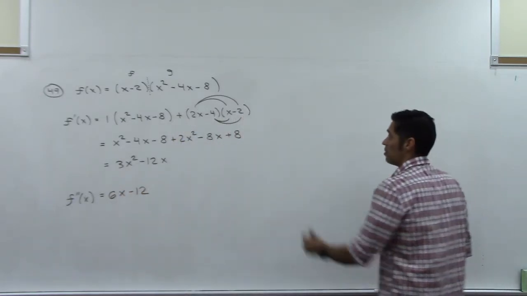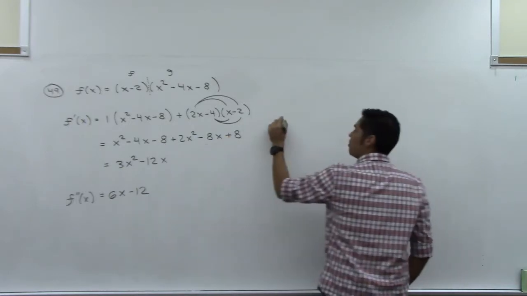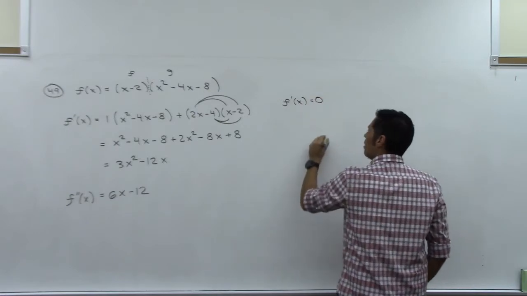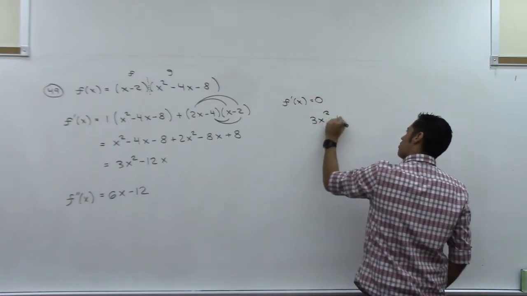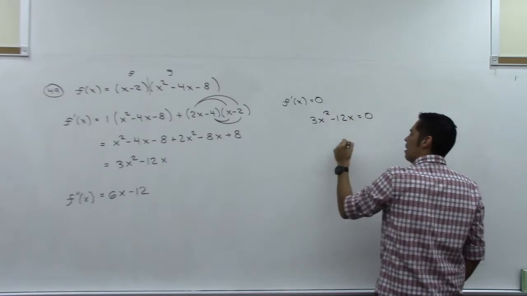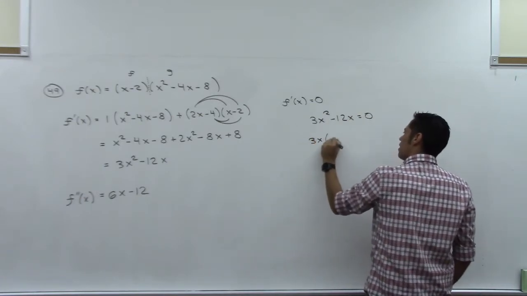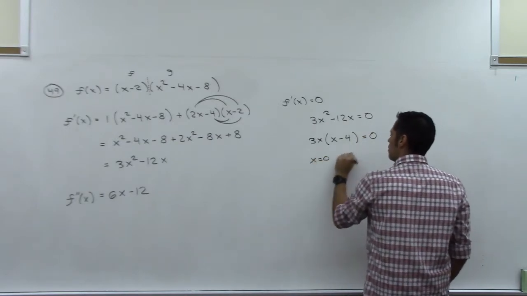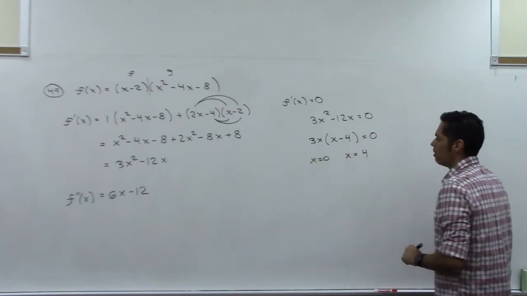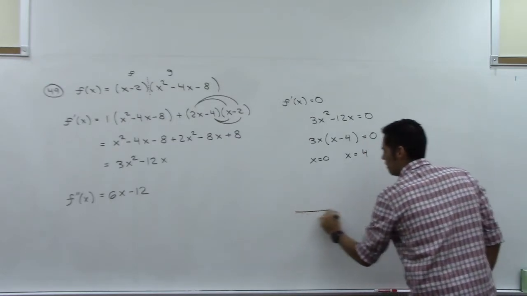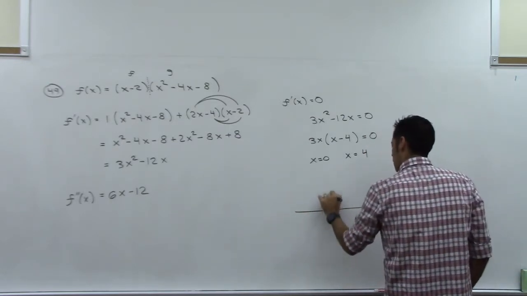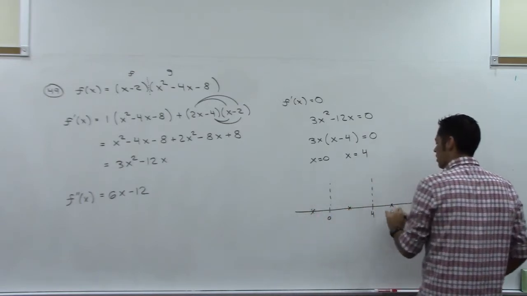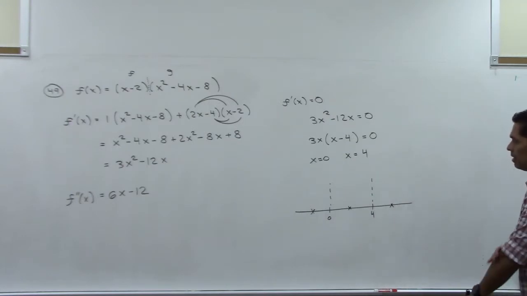Okay, let's talk about the first derivative. For the first derivative, if I take my first derivative and I set it to 0, that means I'm taking 3x squared minus 12x and setting it to 0. I will get a common factor of 3x to come out of that. And then I set each of those equal to 0 and I get two solutions, 0 and 4. So if I draw a number line, here's 0, here's 4, and then I pick test points. Now I'm not actually going to plug in the test points, we're just going to do it.